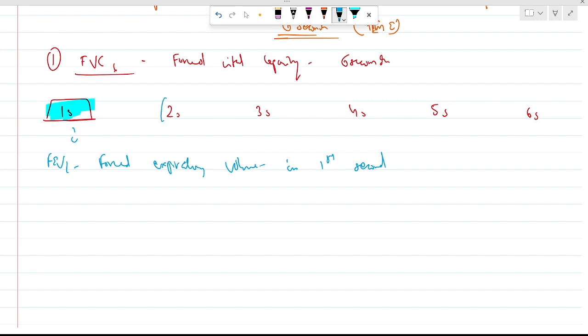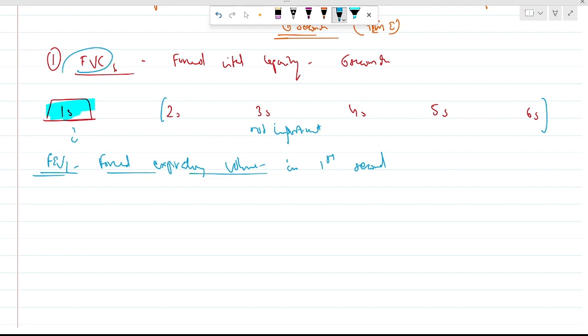Rest all is not important. Why not important? We'll see later. From 2 seconds to 6 seconds, the calculation of forced expiratory volume is not important. For 6 seconds we calculate FVC, forced vital capacity. From the first second we got the forced expiratory volume in first second.